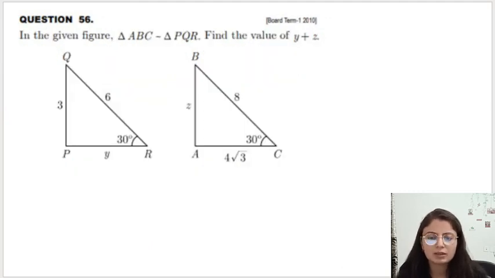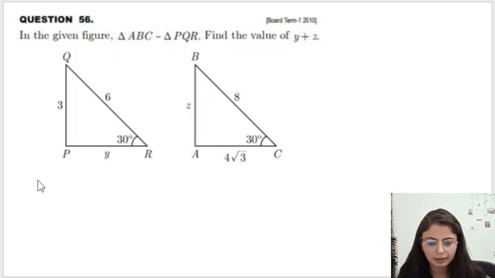Now next question says in the given figure triangle ABC is similar to triangle PQR. Find the value of y plus z. Okay. Now to find the value of y and z, what we will do is we will find the corresponding sides. Okay. Now observe that this side QR is the corresponding side to BC, right.